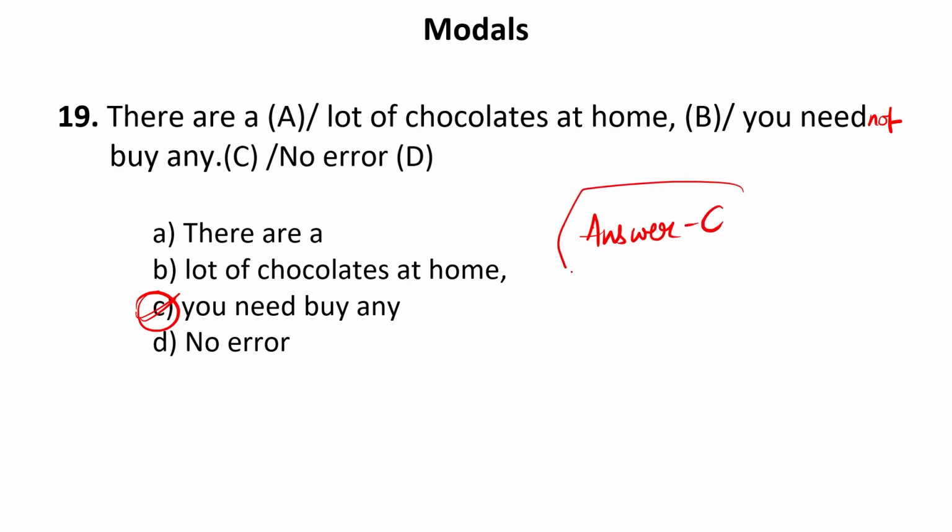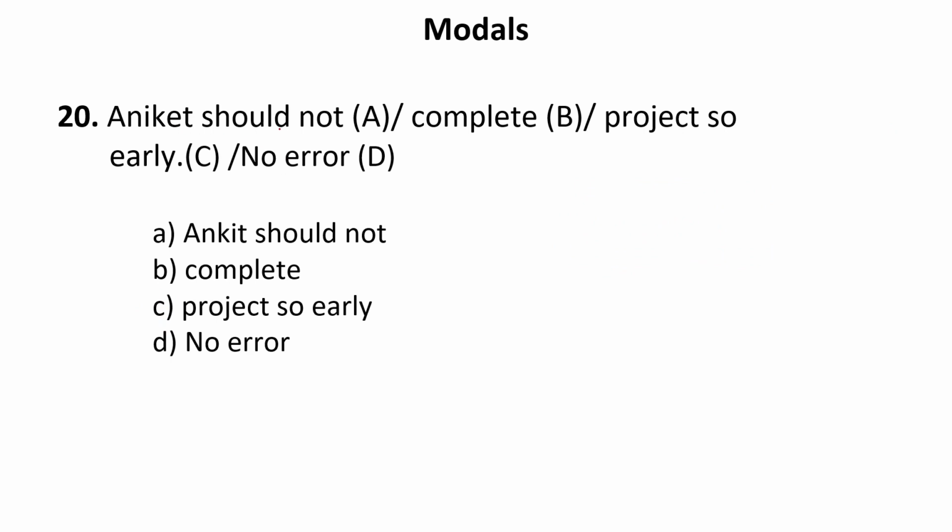Now let us move to the next one. Aniket should not complete project so early. Now this is not a good piece of advice because it is written that Aniket should not complete projects so early. Should tells us the advice.